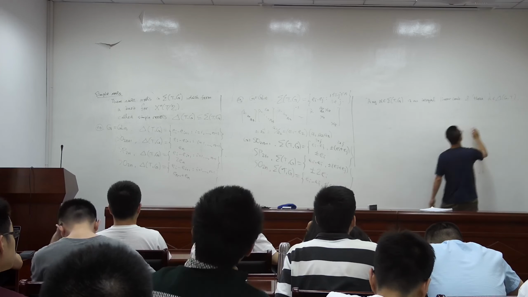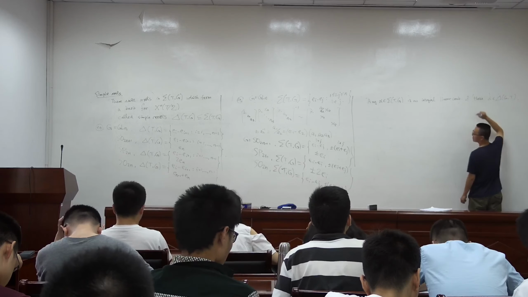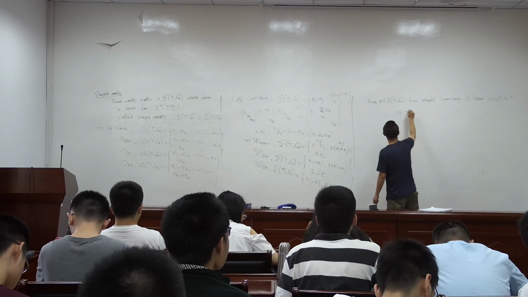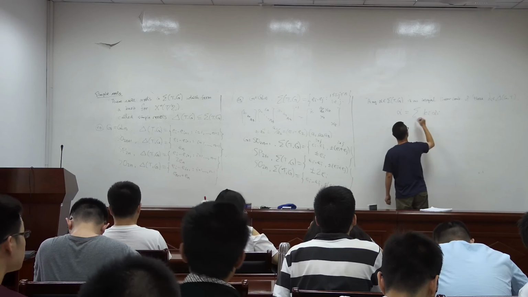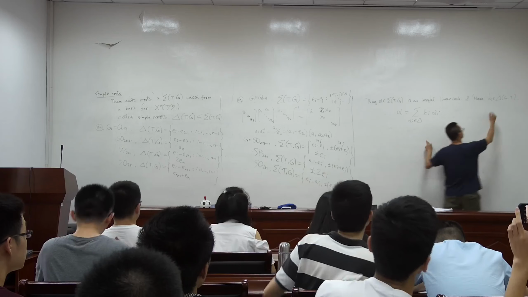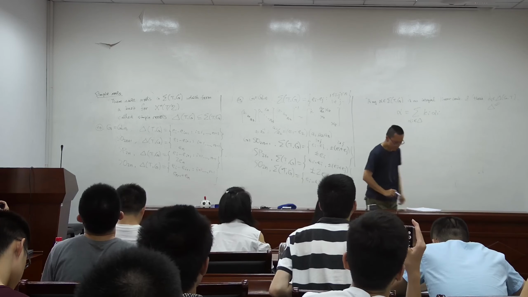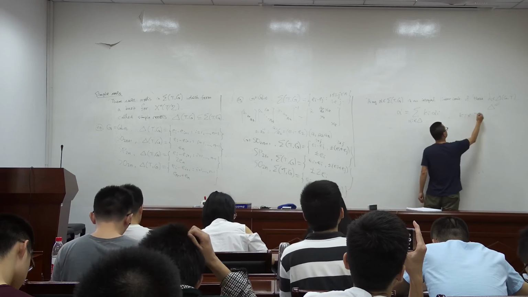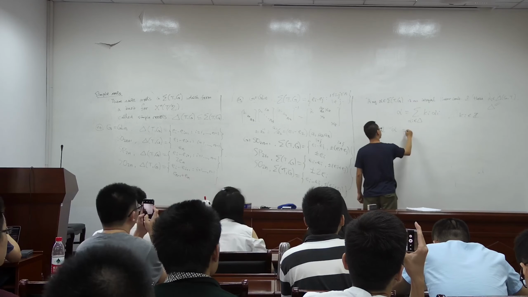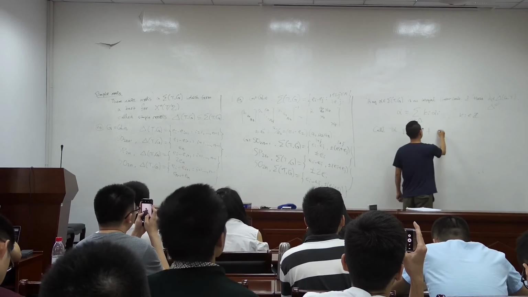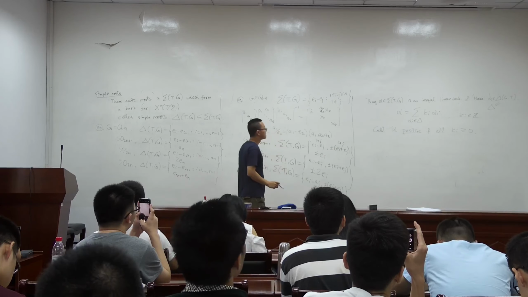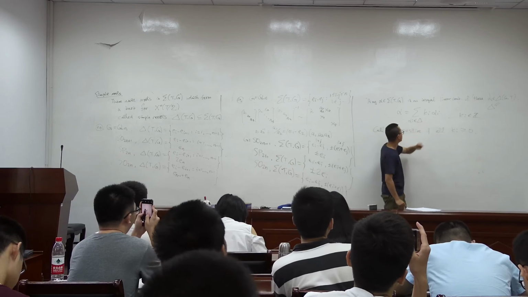Usually I use alpha_i for simple roots. So say if alpha is given by this, where delta is the set of simple roots, for certain integers k_i, then we call the root alpha positive if all k_i are non-negative.